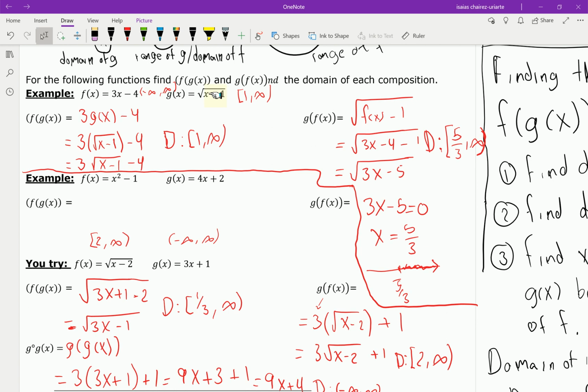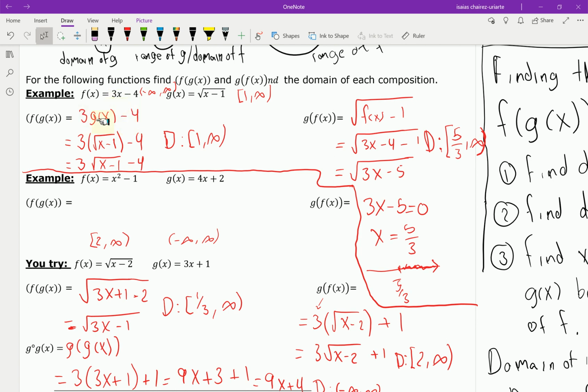I need them. All right, I have to compute f of g of x. So I have to plug the function g into f. I'm looking at my function f right here, and into it I have to change all of the x's to g of x. So that's what this line is saying.